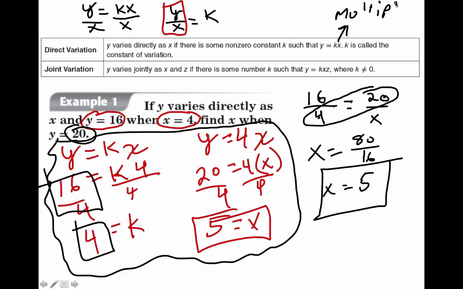Joint variation means more than one multiplication. So now we have joint with x and z. There's two things that are being multiplied. So if I was going to solve joint variation by the proportion method, I would divide both sides by x and z, and I'd get y over xz, which is how we would set up the proportion.